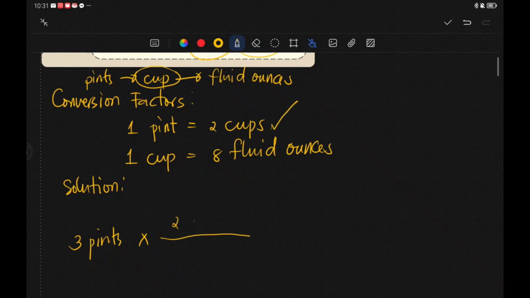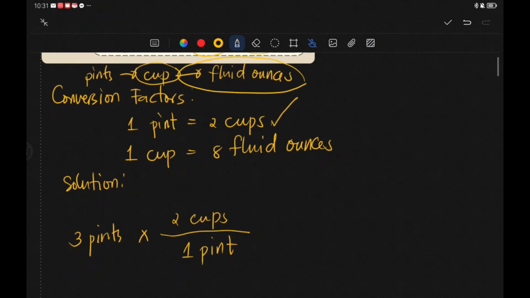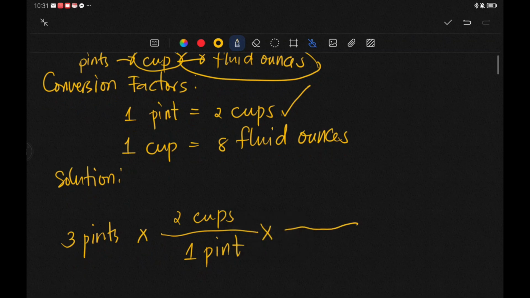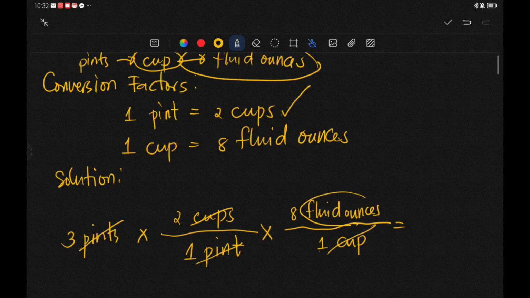So this is 2 cups over 1 pint, and from cups we are going to convert to fluid ounces, so times again the second conversion factor, so we have 8 fluid ounces over 1 cup. So we can cancel out this, and this. What remains is fluid ounces.